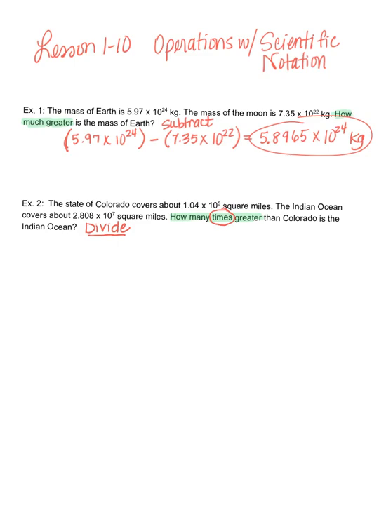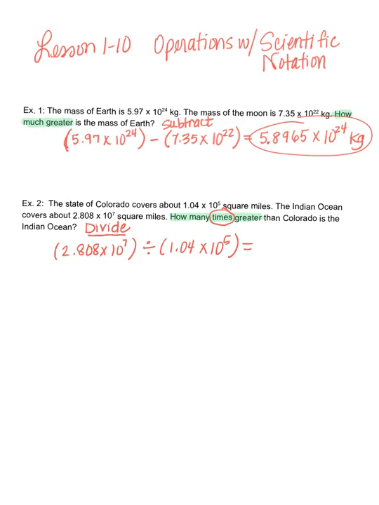So I'm going to write it down first: 2.808 times 10 to the 7th in parentheses, divided by 1.04 times 10 to the 5th in parentheses. Now I'm going to type that in the calculator and read it as I punch it in so you can follow along.